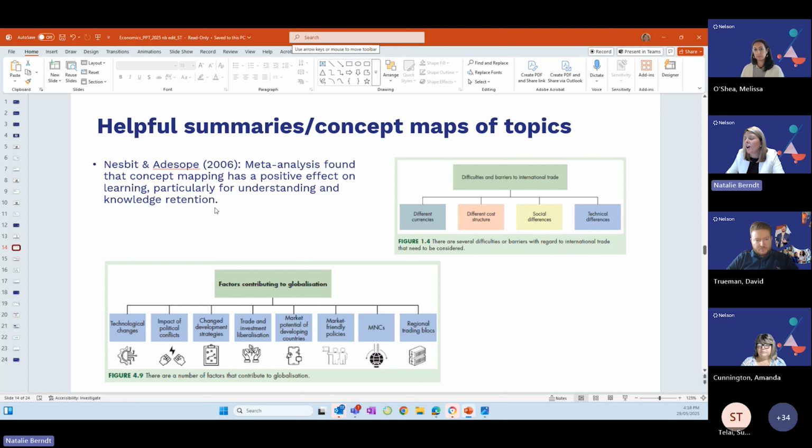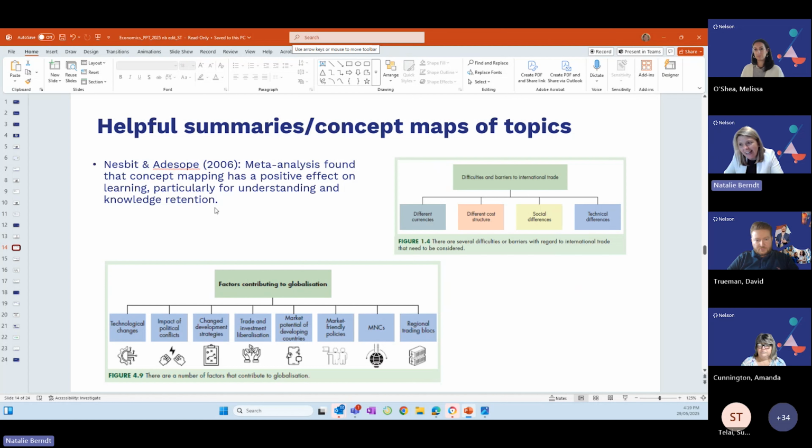In terms of other things we've done, we have tried to do concept maps and summaries for students. And we know that it has a really positive effect on learning when students are able to draw that together. And it is good modelling once in the textbook that then you try and model something in the class as to how you've tried to concept map a particular topic.